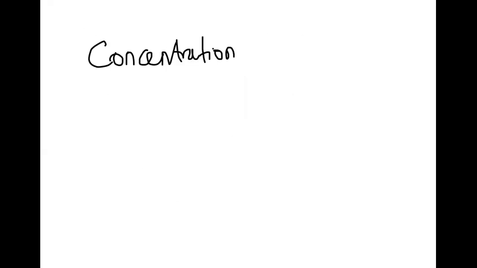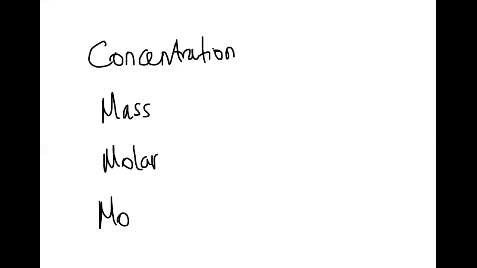Concentration, well, we can have the mass concentration, we can have the molar concentration, or we can have the molarity, which is a very particular way of expressing the concentration. So the mass concentration is given as the mass of one component per the volume of the mixture.